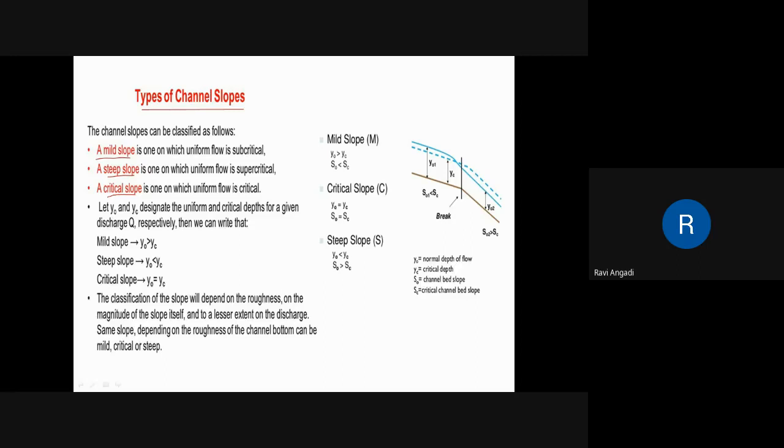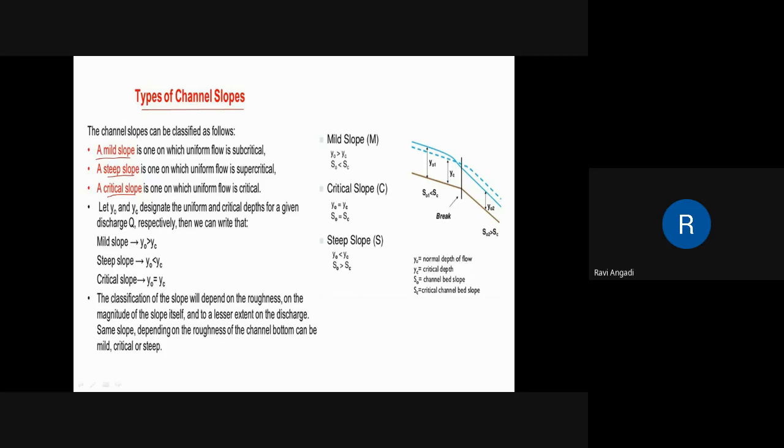So there are different types of slopes depending on the depth of flow in the channel.